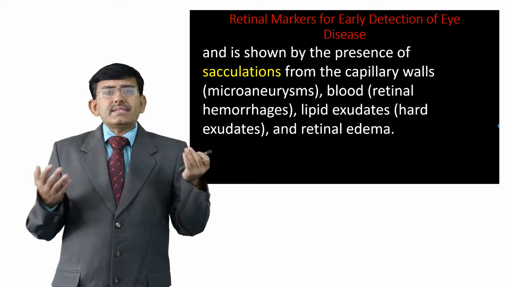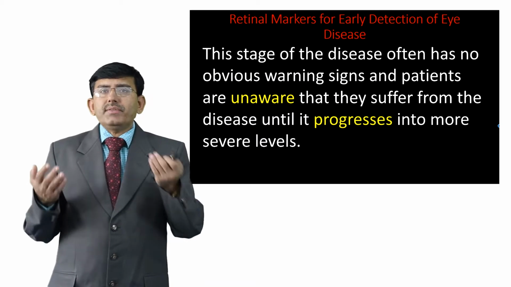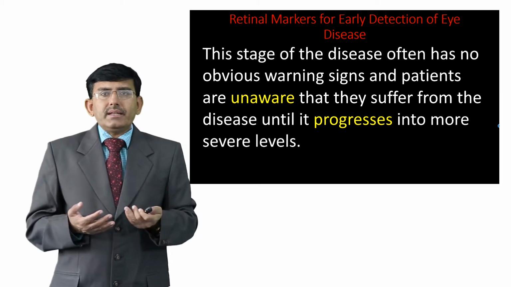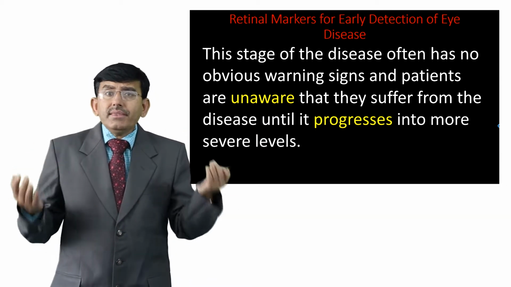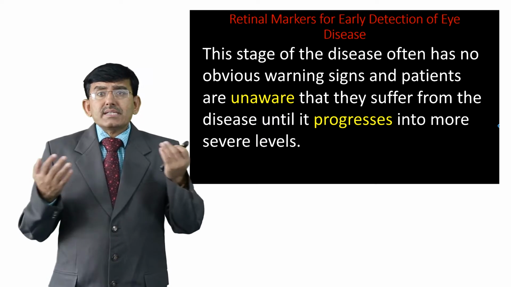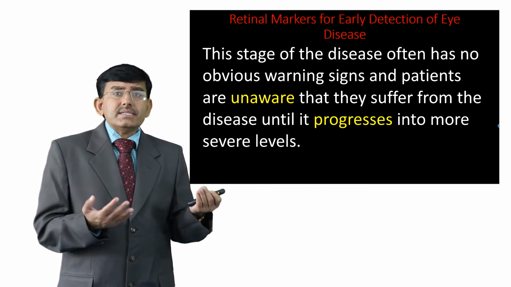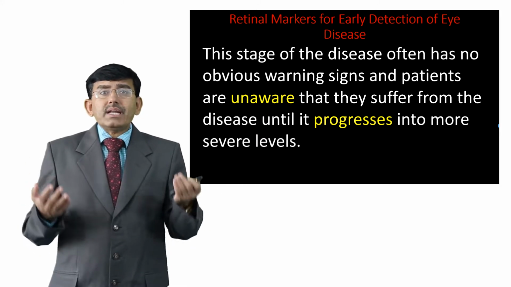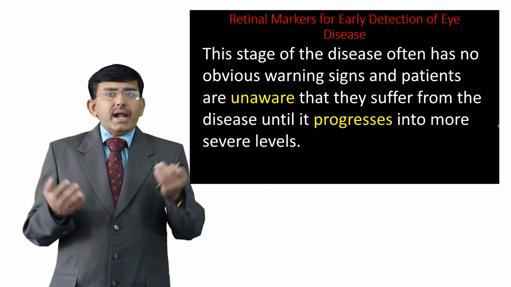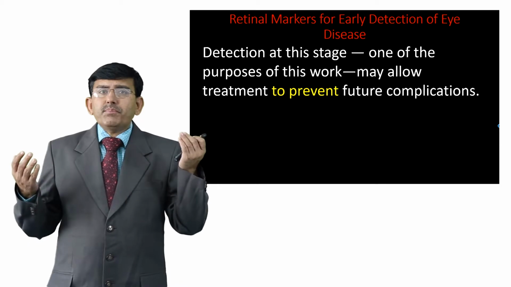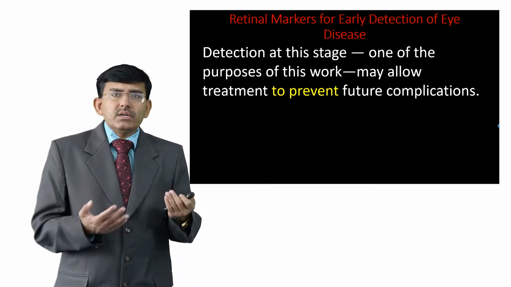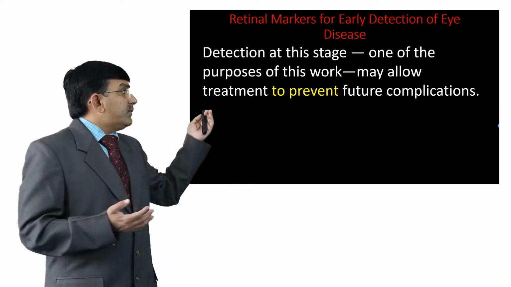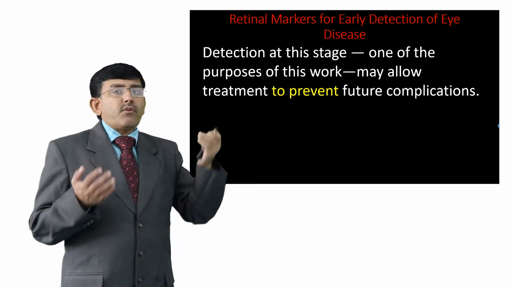This stage of the disease often has no obvious warning sign and patients are unaware that they suffer from the disease until it progresses to a more severe level. Detection at this stage, which is the purpose of this work, may allow treatment to prevent future complications for the patient.